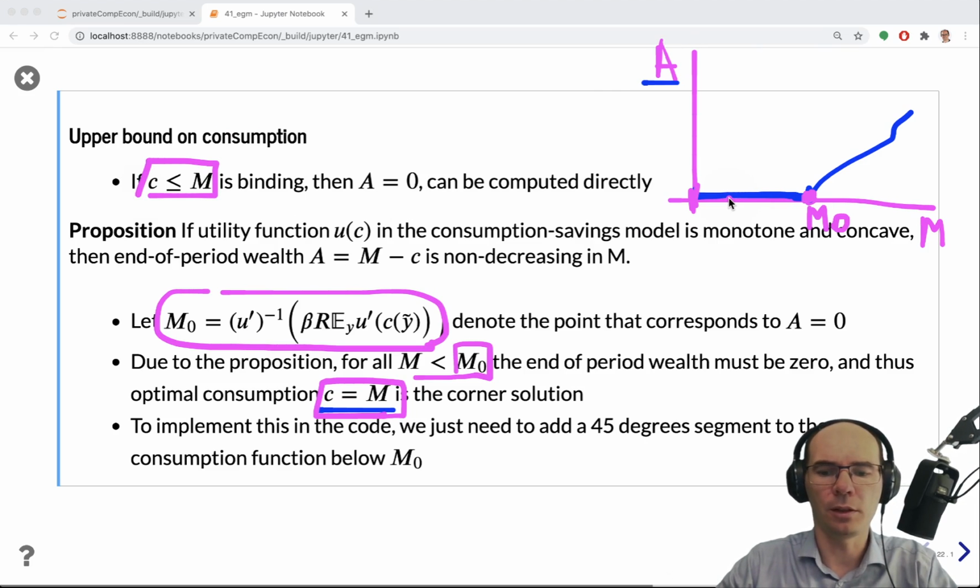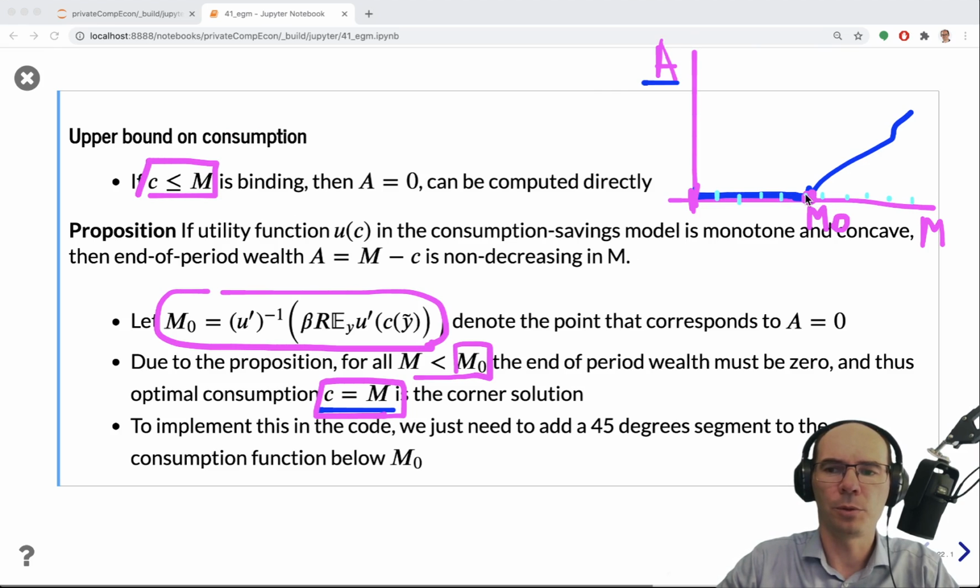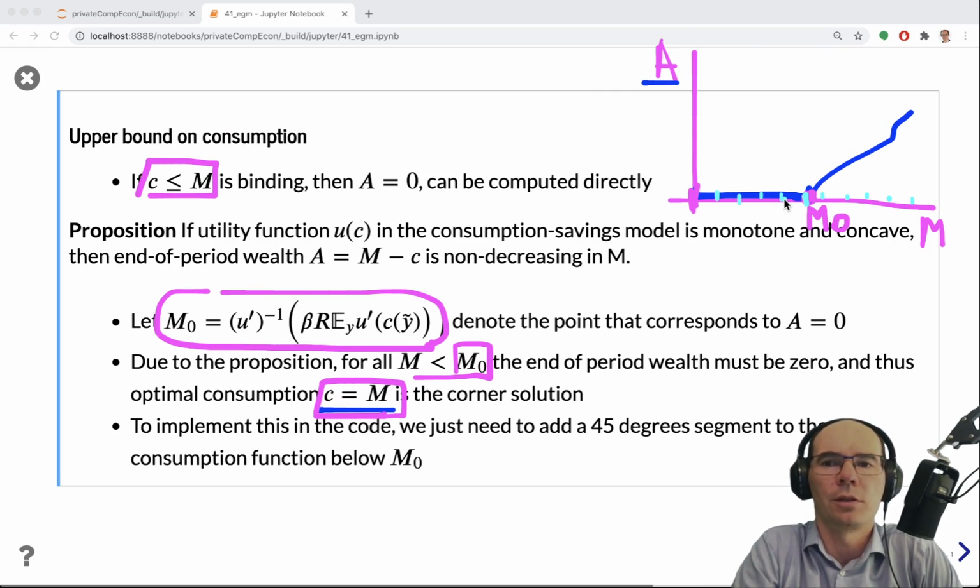Think about any other solution method that puts a fixed grid over M. And I'm trying to draw this grid here. It's very low probability event that you put a grid point exactly where the M naught is. And that's one of the reasons that time iterations and value function iterations lose accuracy. Remember, we were talking about the Keynes method of simulating a completely flat consumption profile.